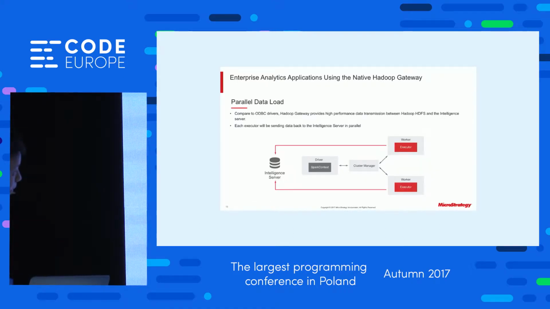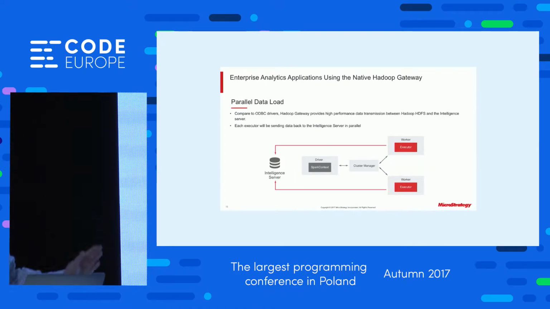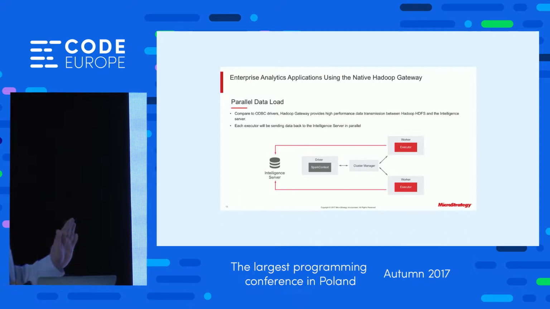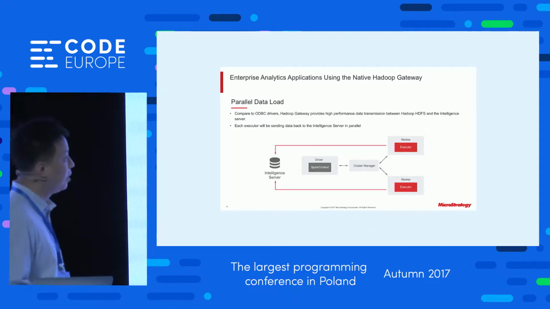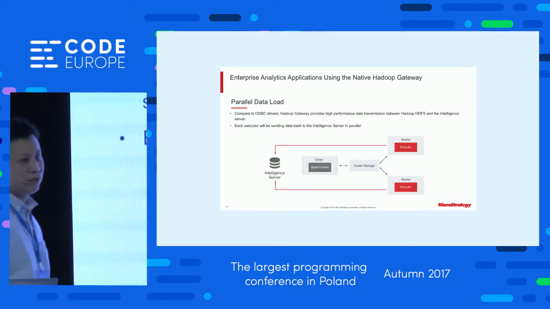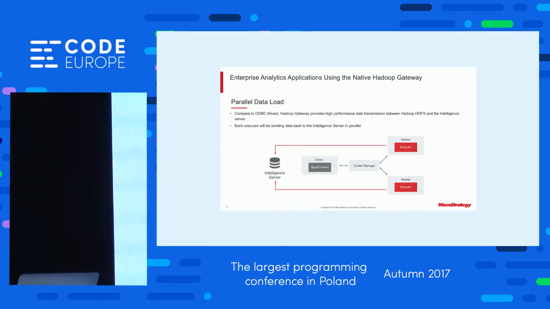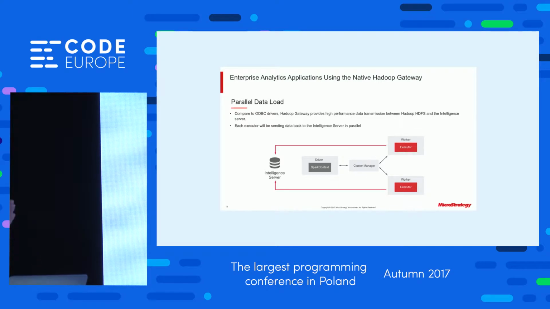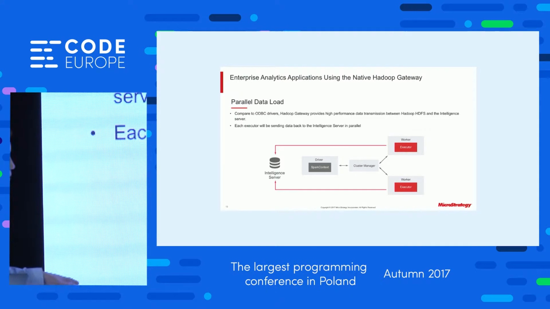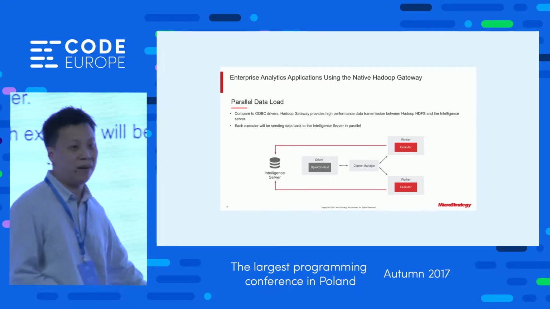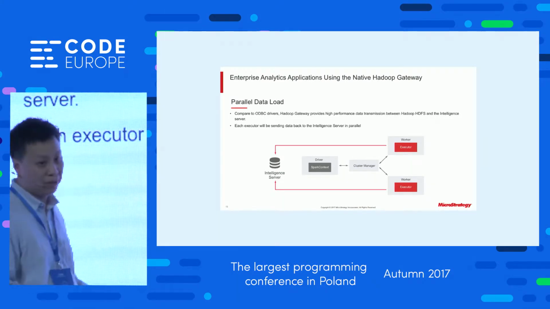So this is a very short demo describing how Hadoop Gateway works for MicroStrategy. I really want to mention that Hadoop Gateway has very high performance data transmission because we transfer data in parallel. This is a high-level architecture of the parallel data loading.